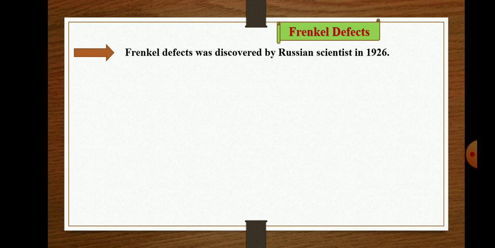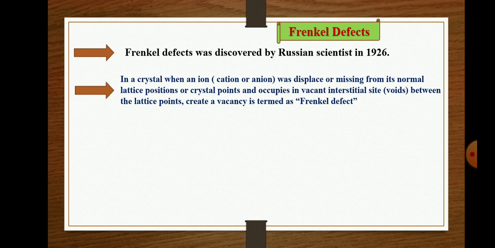Now students, we learn the second defect, that is Frenkel defect. Frenkel defect was discovered by Russian scientist Frenkel in 1926.